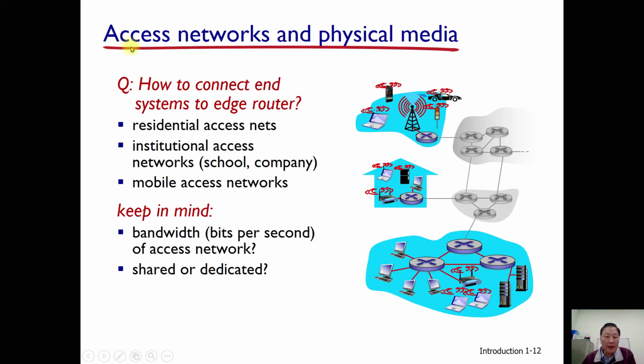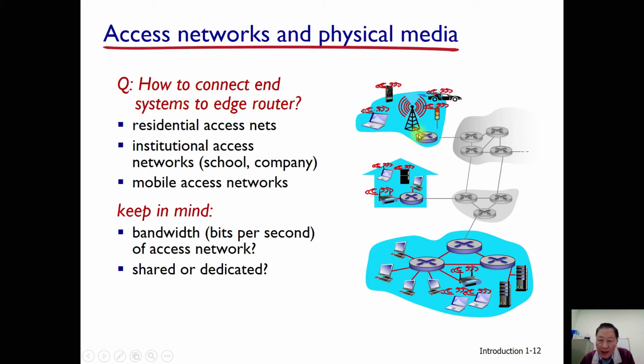Let's look a little more at these access networks and the physical media. What kind of physical media is being used here? Here we can see just a radio signal, no physical line. This is called wireless. How do we connect the end system to edge routers?